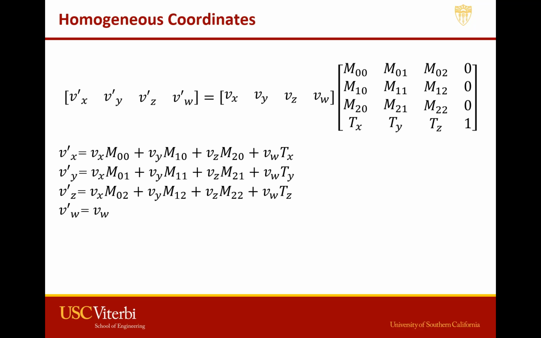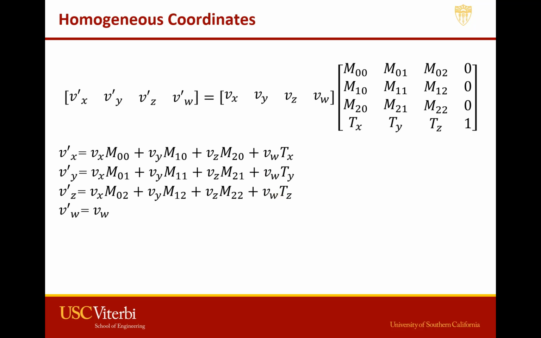When I multiply the x, I take the whole vector and dot it with this first column, and I get what I had before. This is exactly what I had before, and then this new term comes on the end. And the same thing happens for the y-axis. Same thing happens for the z-axis. Now let's take a look at this new thing that got added. It's always vw times the translation in that axis.